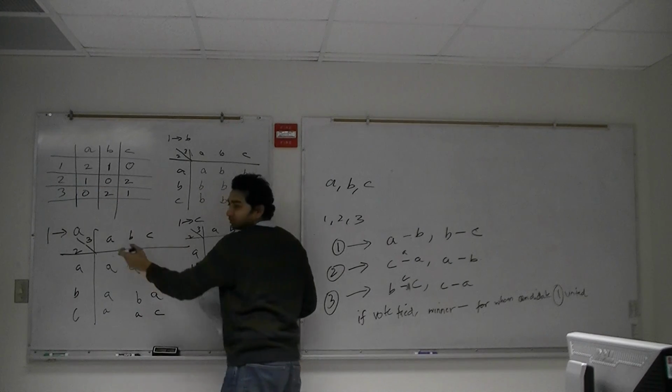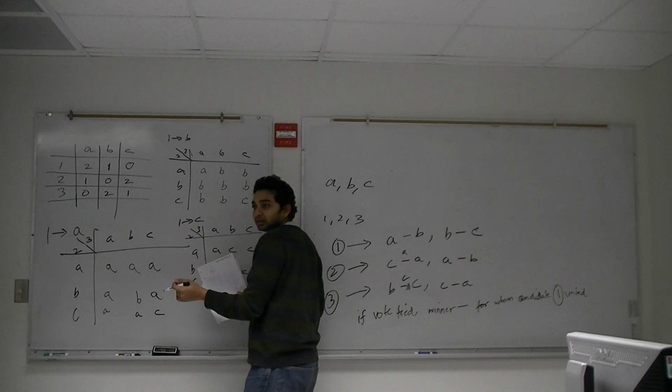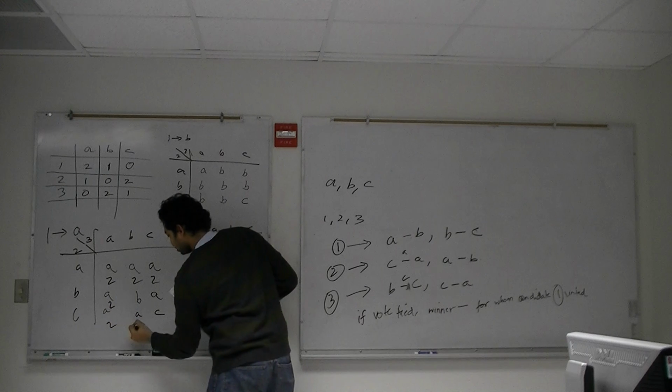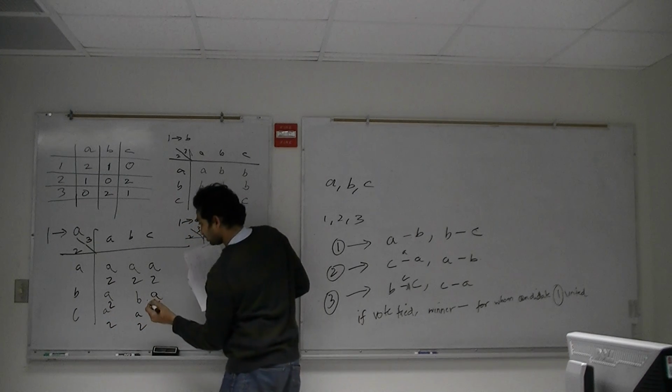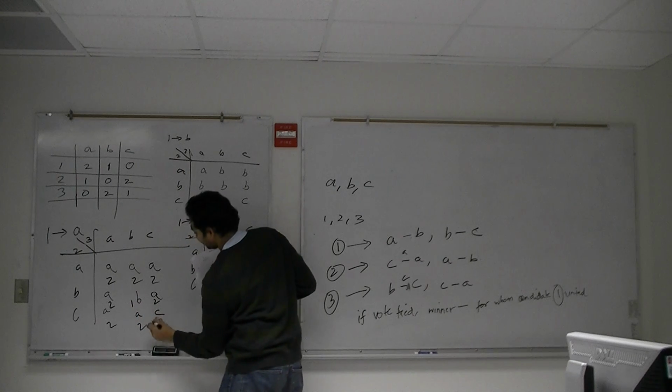This is the game according to A. Player A's strategy is fixed, so this is 2. What is B? 1, 0.